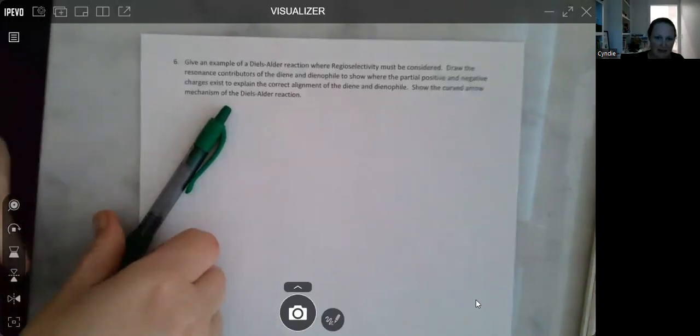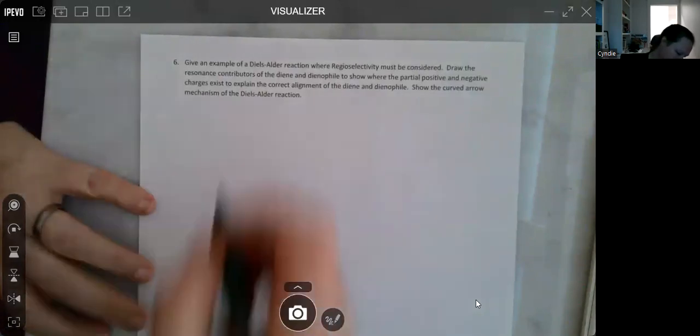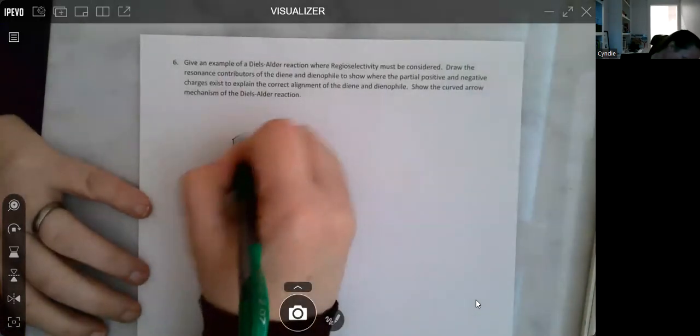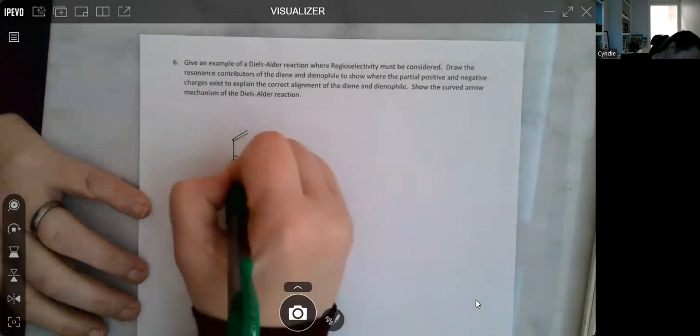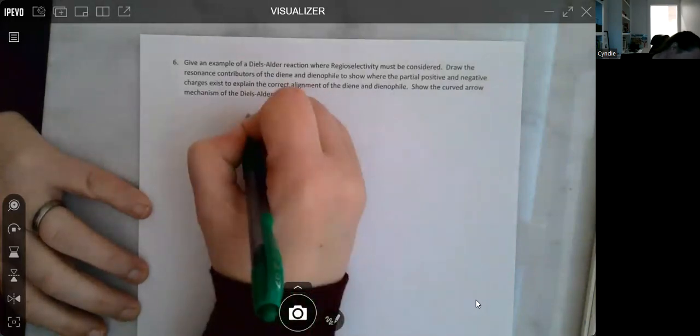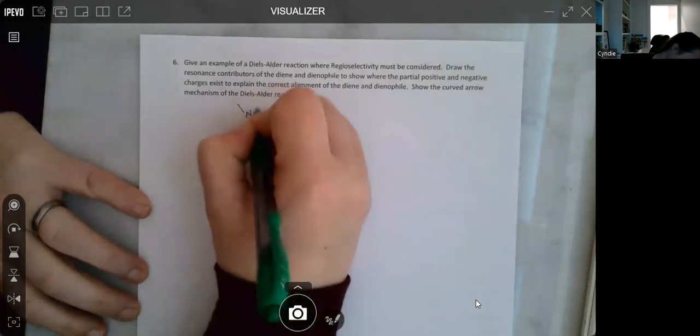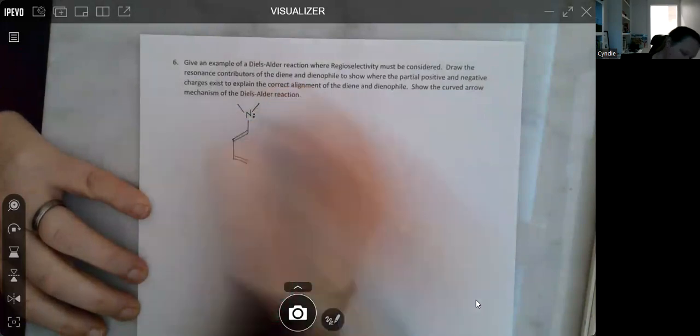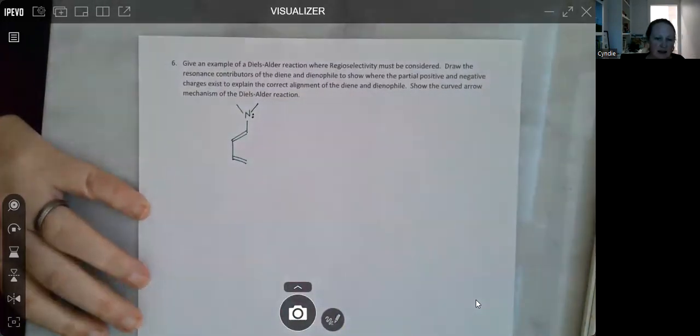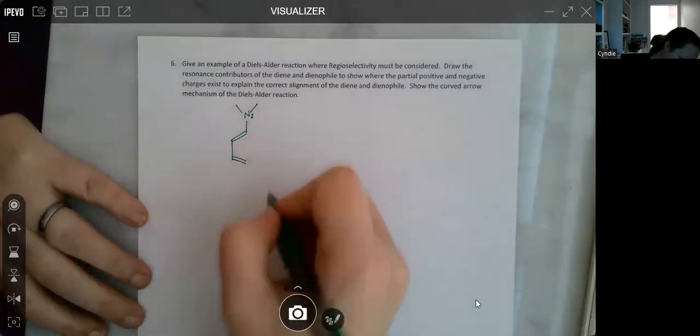So it says I can give any example that I want, right? So I am going to show this case. Let's do a nitrogen. Right, so I'm going to use this diene.